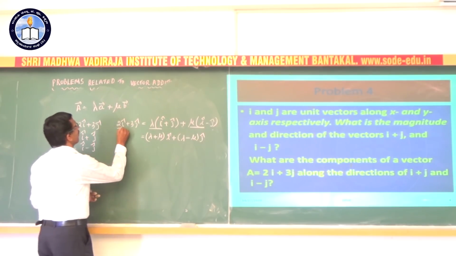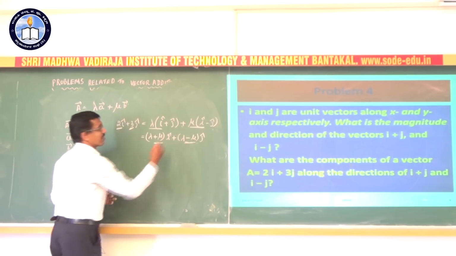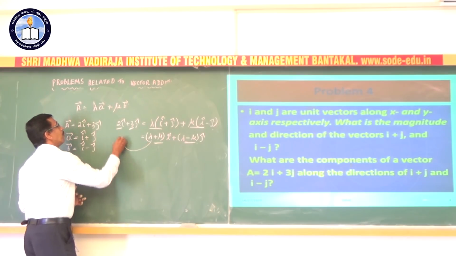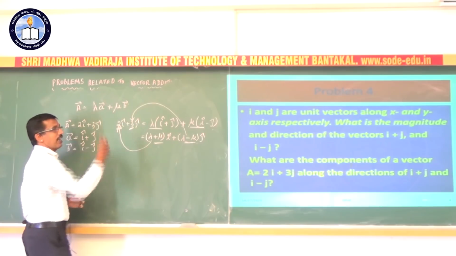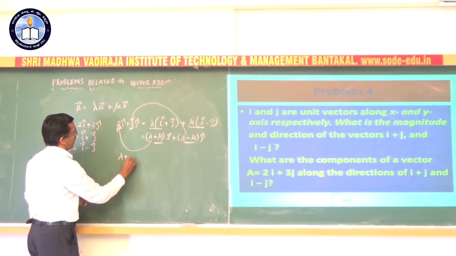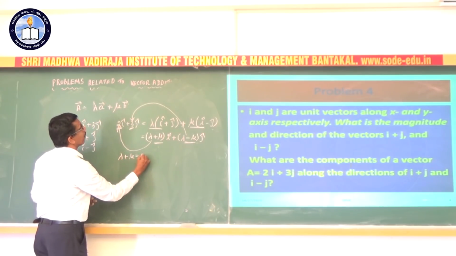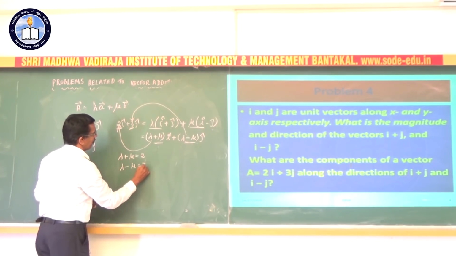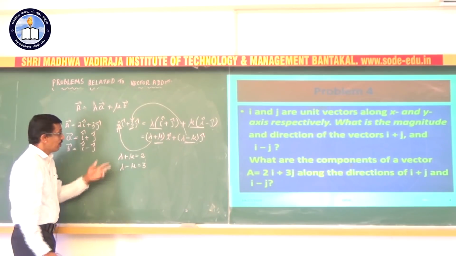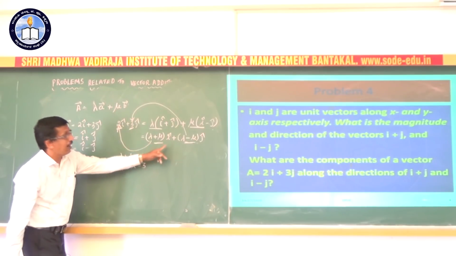Now compare the i components and j components on either side. Lambda plus mu is equal to 2, lambda minus mu is equal to 3. Solve this to get the values of lambda and mu.